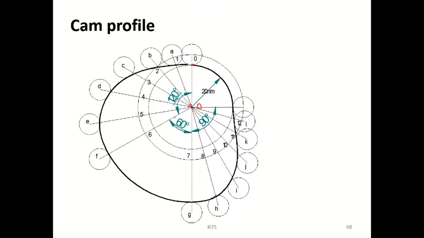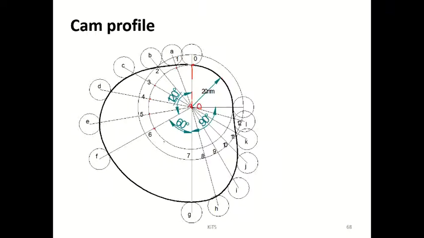Now, what is the outstroke? The outstroke is 120 degree. We have to divide it into 20 degree parts so that we can get 6 segments. Keep the protractor on this line. First 20 degree, next 20 degree, next 20 degree, next 20 degree, next 20 degree, next 20 degree.